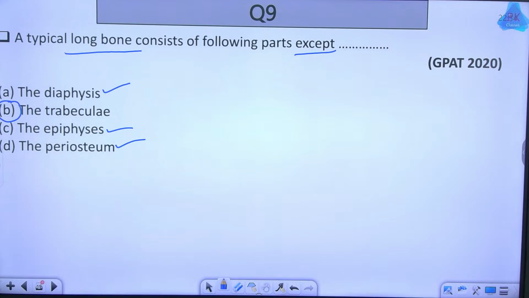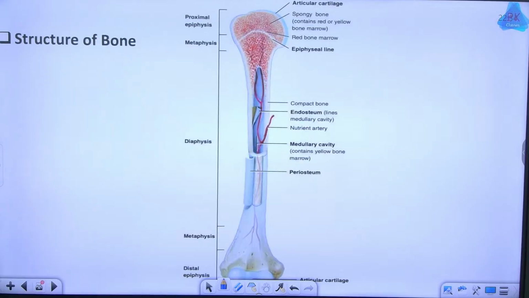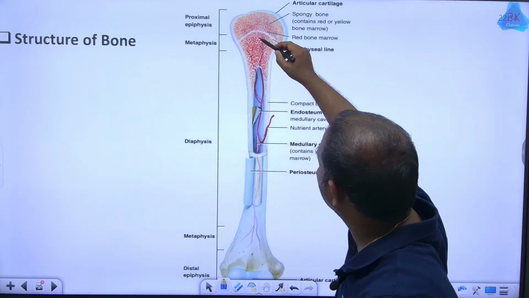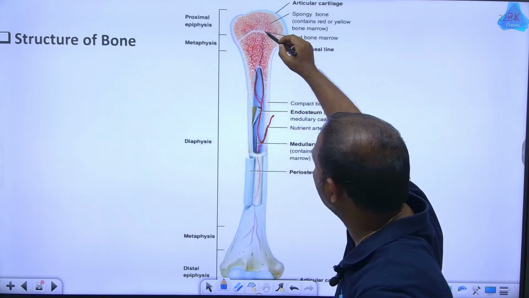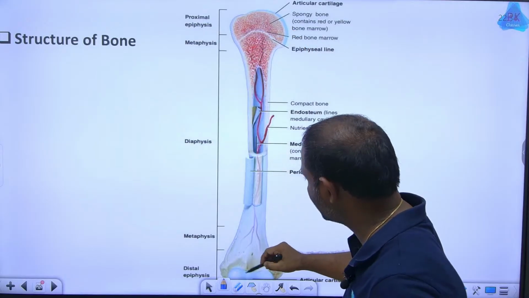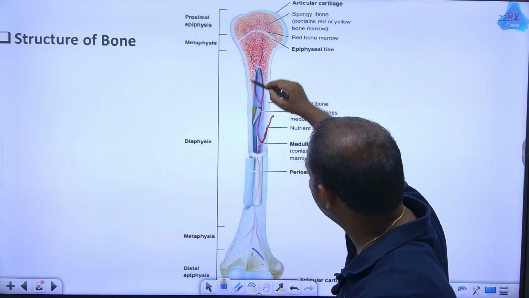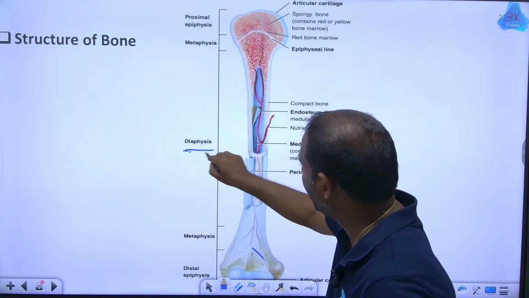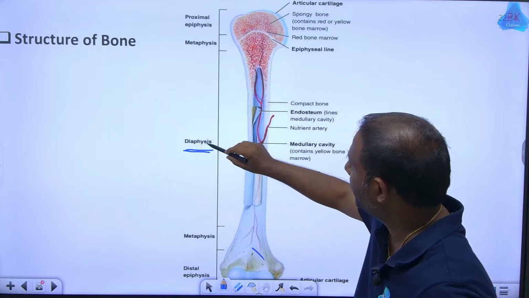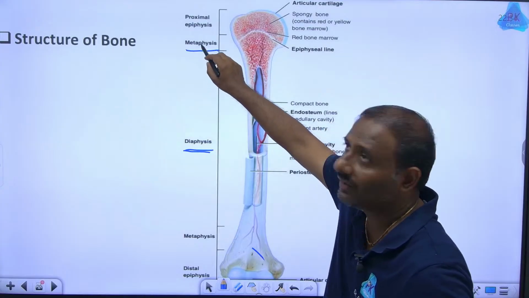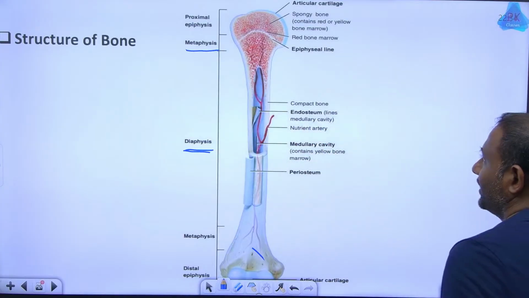Generally, the trabeculae is a structural and functional unit of the spongy bone. Okay? So if you see the structure of a bone, you have the edges, the distal part containing the epiphysis. ये distal epiphysis है, ये proximal epiphysis है, and between जो body होता है, that is the diaphysis. जहां पर diaphysis, epiphysis join होते हैं, meet होते हैं, that we call the metaphysis. ठीक है?